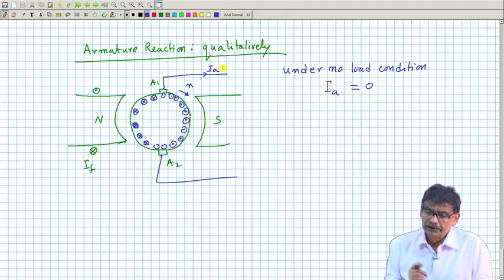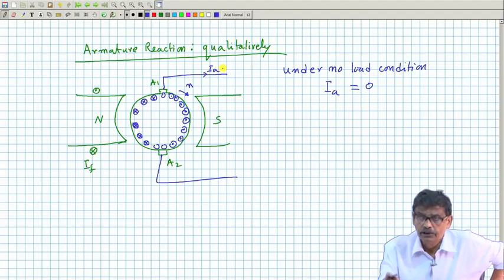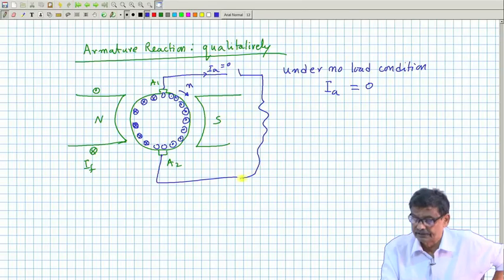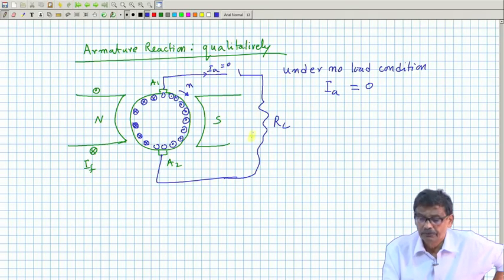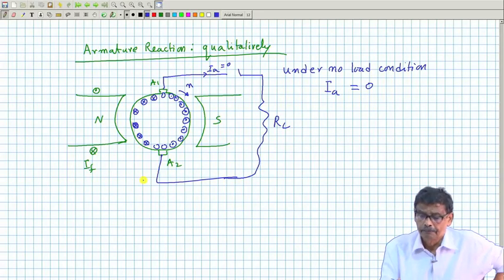Now, under no load condition this is 0, but when I will be loading the machine, that is, I will connect some load resistance across the armature, then only current will be flowing. The direction of the current will be dictated by this, that is, the current will be cross under the north pole, dot under the south pole.